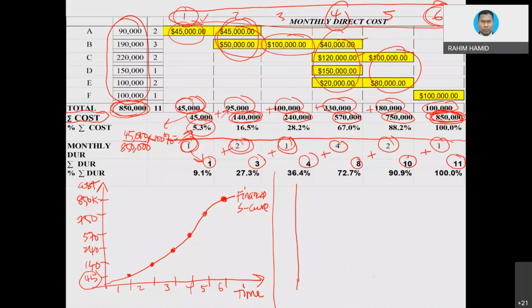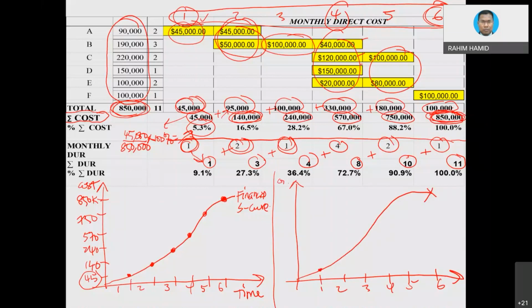Okay, now we can plot another graph. 1, 2, 3, 4, 5, 6. Let's say this is our S-curve. And if you want to plot now, we can plot according to percentage.